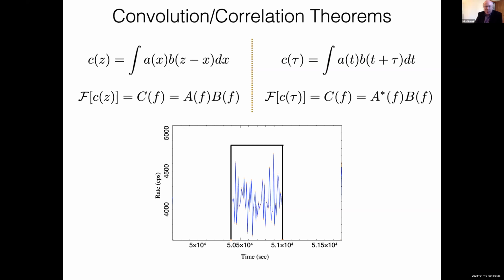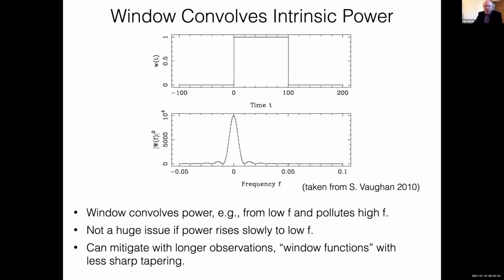This is multiplying a continuous light curve and a step function together. And that, when I take the Fourier transform, is equivalent to convolving the Fourier transform of the step function with the Fourier transform of my light curve. The Fourier transform of a step function is this kind of Gaussian function with little tails going off.